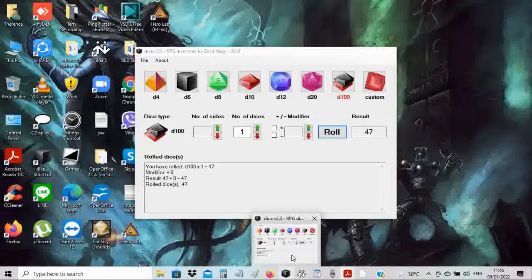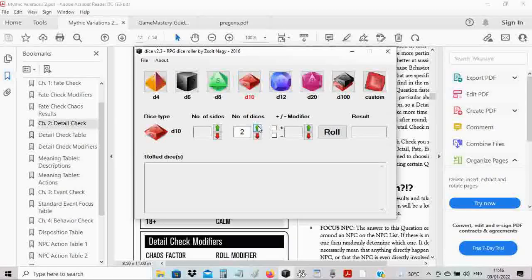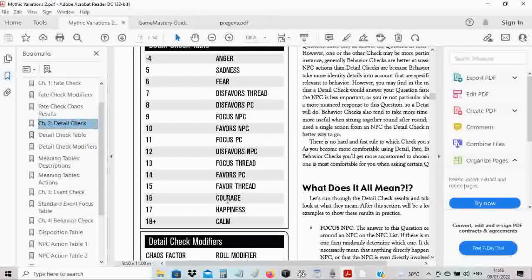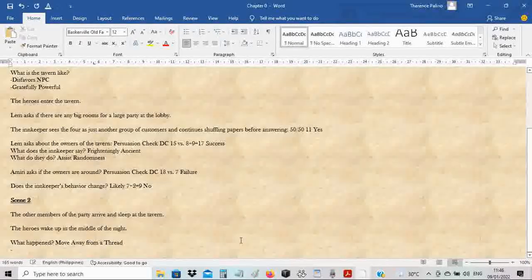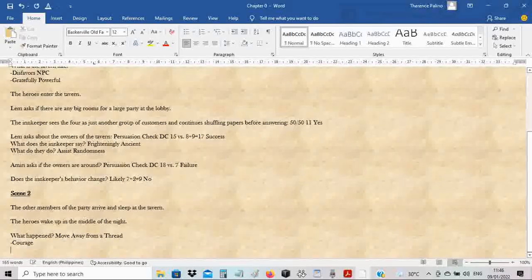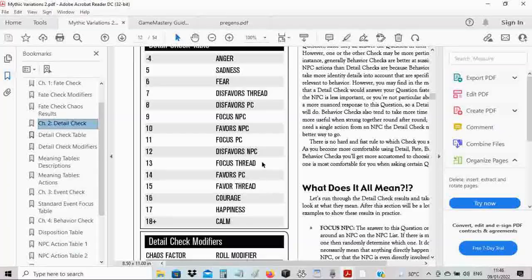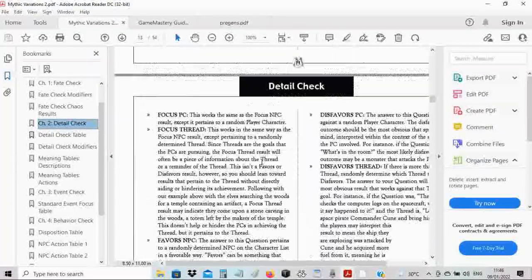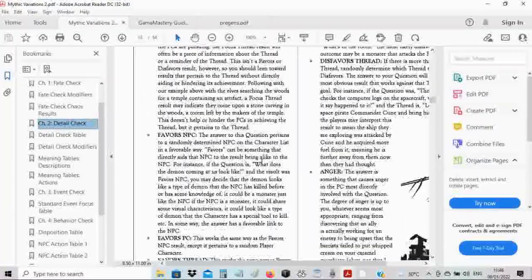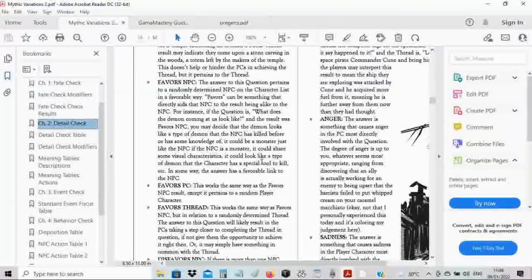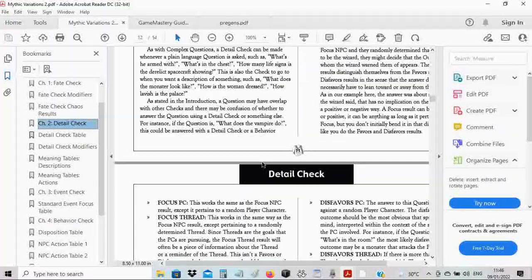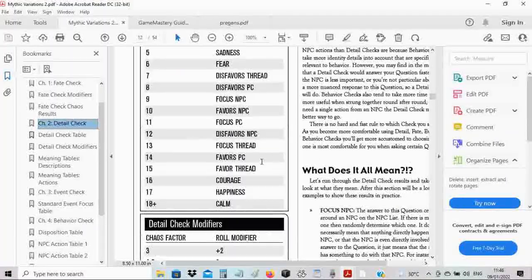Again, we roll our 2d10. 16. Courage. When you say courage, this means the hero suddenly gains some kind of spirit, like something good happens and they want to do something.